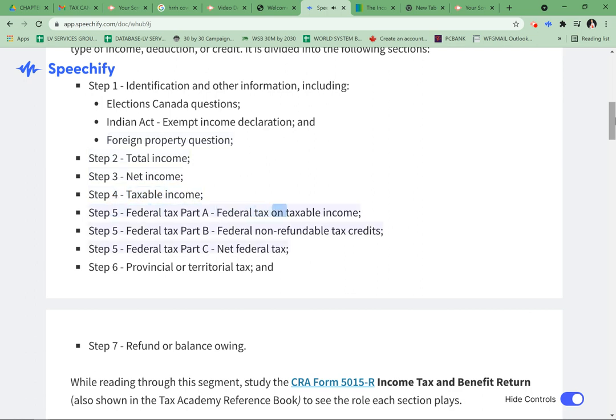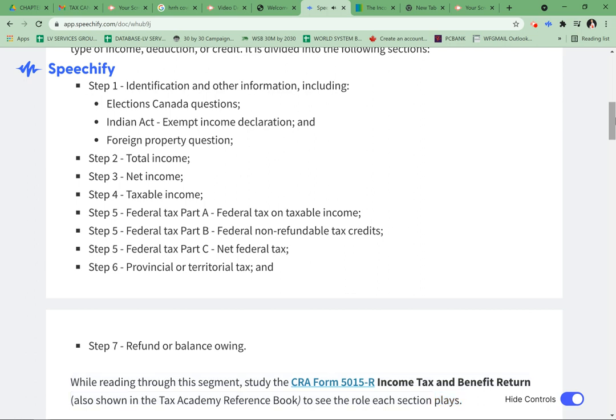Part A Federal tax on taxable income, Part B Federal non-refundable tax credits, Part C Net federal tax, Step 6 Provincial or territorial tax. And, while reading through this segment, study the CRA Form 5015R Income Tax and Benefit Return, also shown in the Tax Academy reference book, to see the role each section plays.